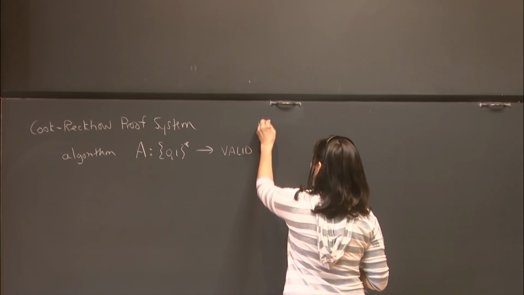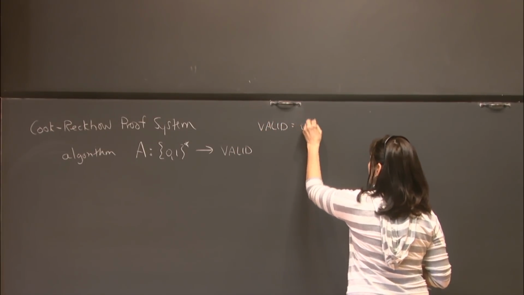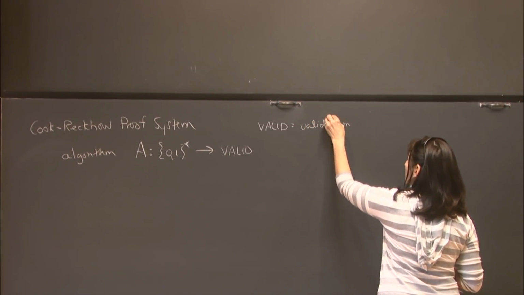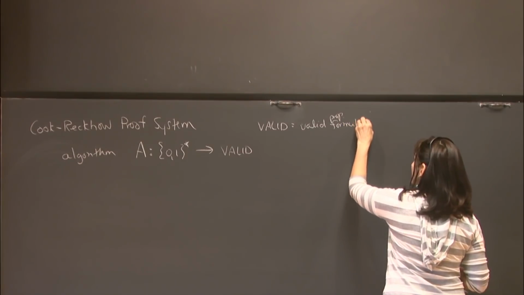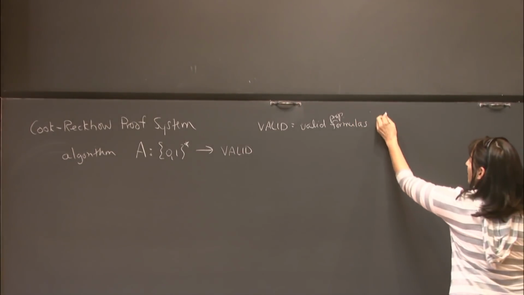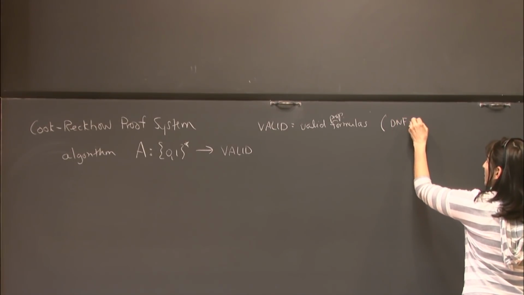Valid means encodings of valid formulas, propositional formulas. So formulas that are true under every truth assignment. Okay, and you can assume that they're all DNF formulas if you want.